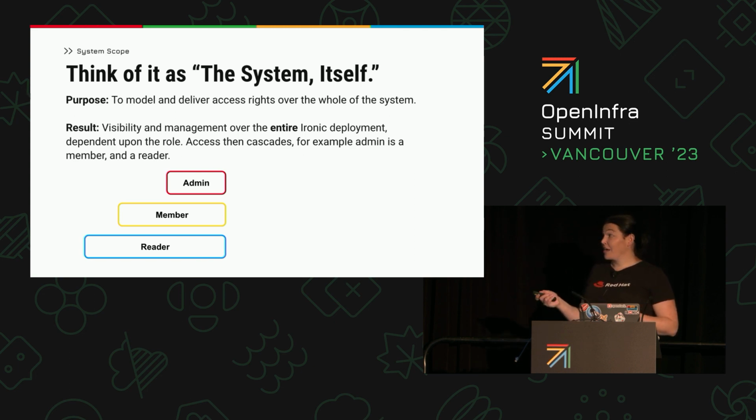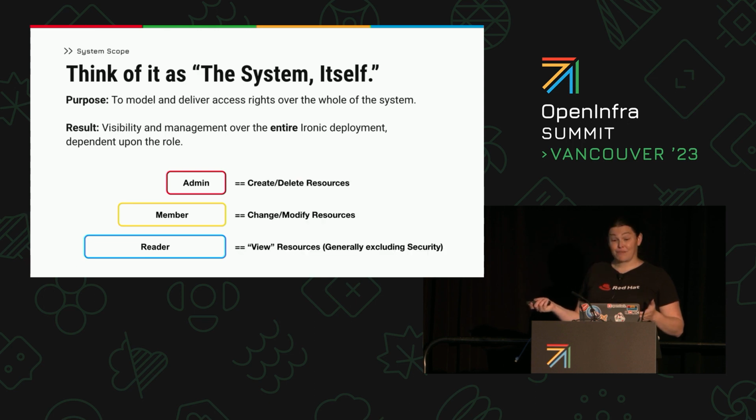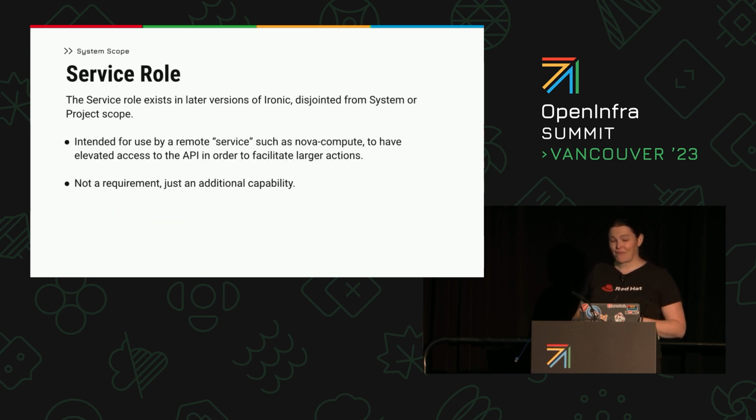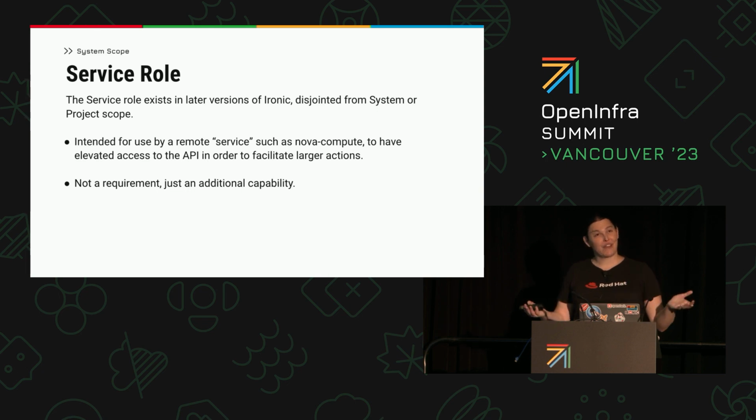So in this model, you have an admin, you have a member, and you have a reader. An admin can create and delete resources. A member can change and modify resources. A reader can view resources, and that's generally excluding items which are restricted by security, and we'll get to that. But then you also have a service role in newer releases of Ironic.